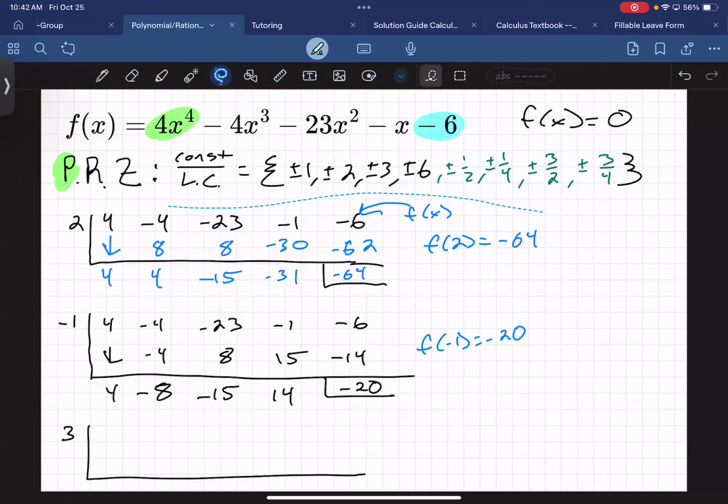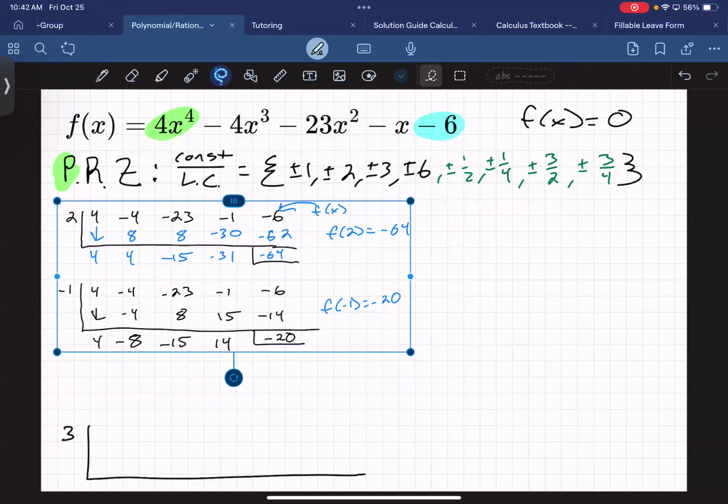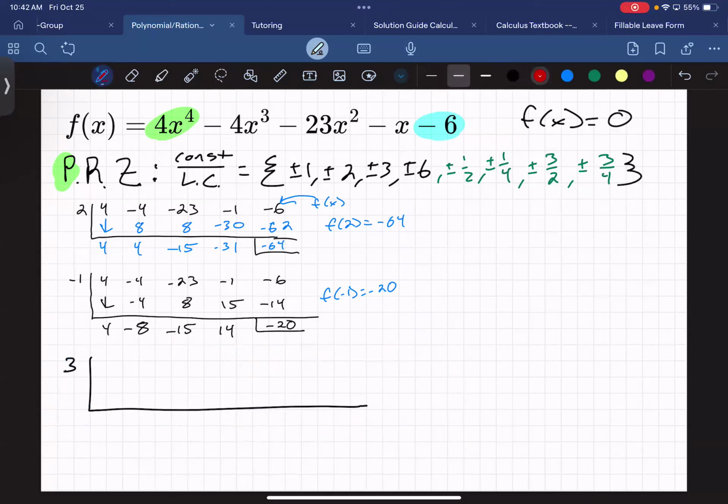Let me shrink these a little bit. Now make sure you see here, this is where us practicing and making sure we're confident with our synthetic division skills become very important, right? It's just something we want to do quickly. Make sure you also see here, as I go through this, we can start scratching off the ones we know didn't work. So we don't want to use -2 anymore. We don't want to use -1 anymore, right?